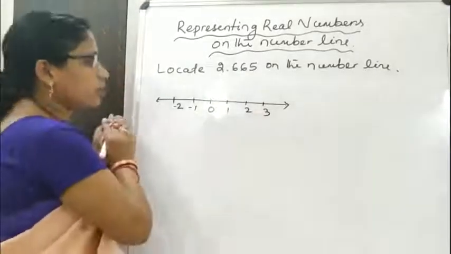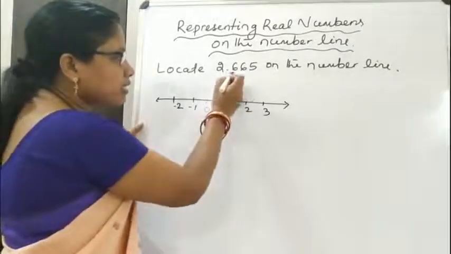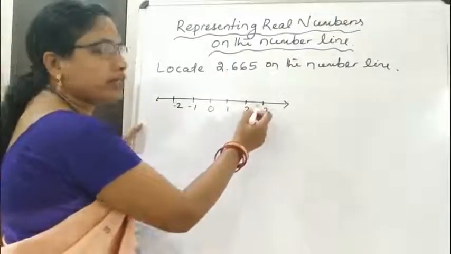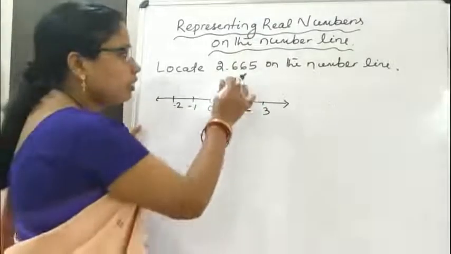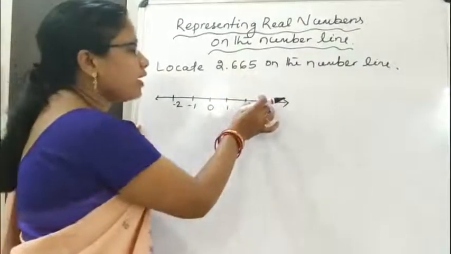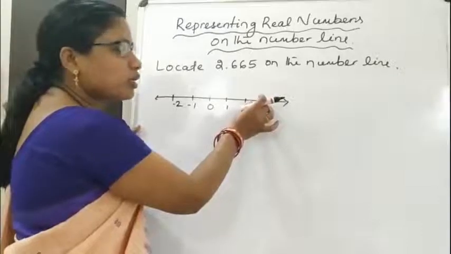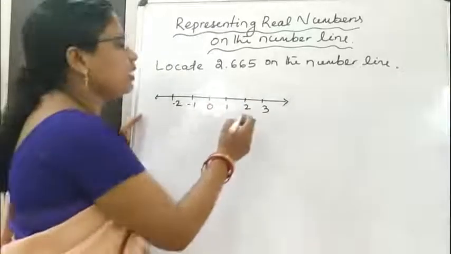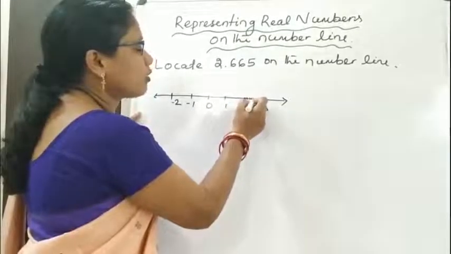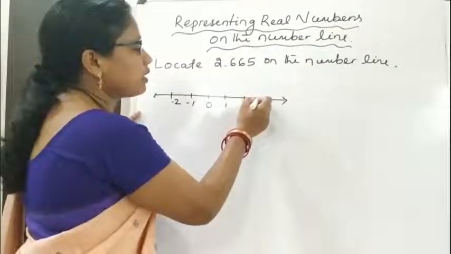This is our number line. So 2.665 will lie between 2 and 3. As this is a decimal number, we have to divide the distance between 2 and 3 into 10 equal parts. So like this, 1, 2, 3, 4, 5, 6, 7, 8, 9, 10.